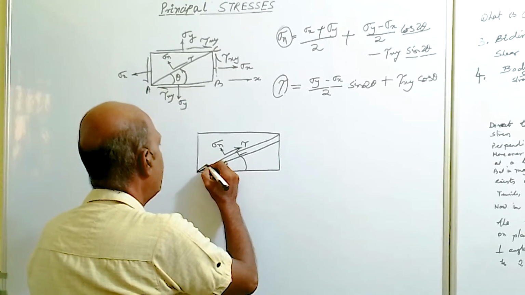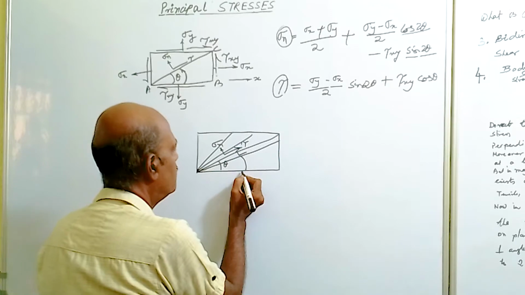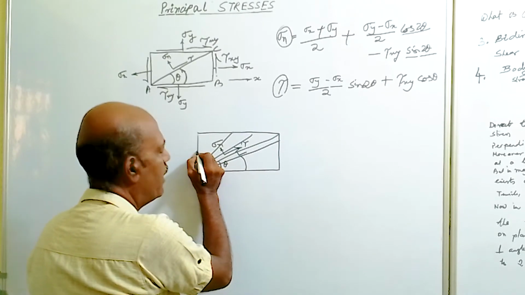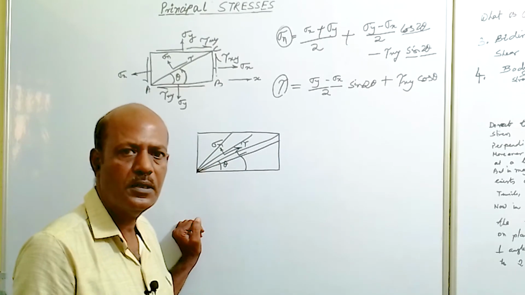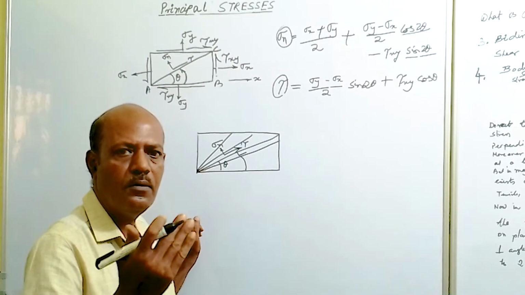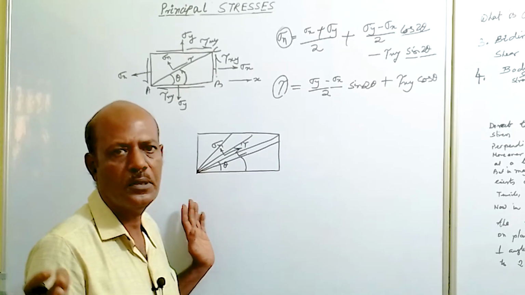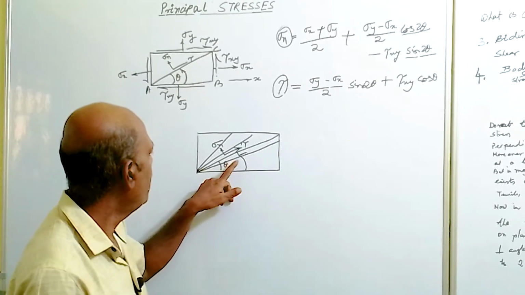Similarly, we can assume any number of planes from 0 to 90 degrees. If we consider planes from 0 to 90 degrees, the values of sigma n and tau will carry on changing.